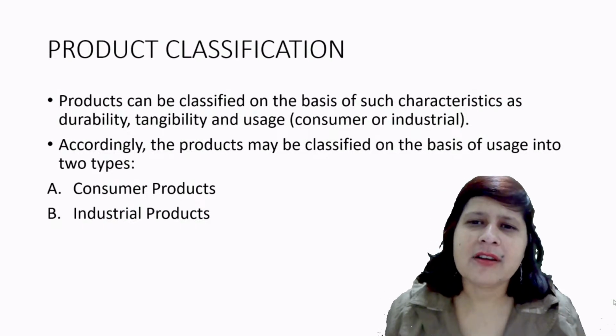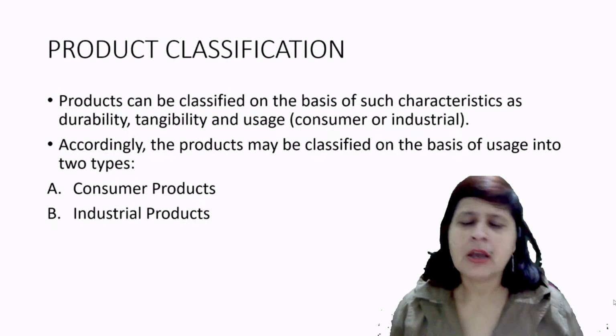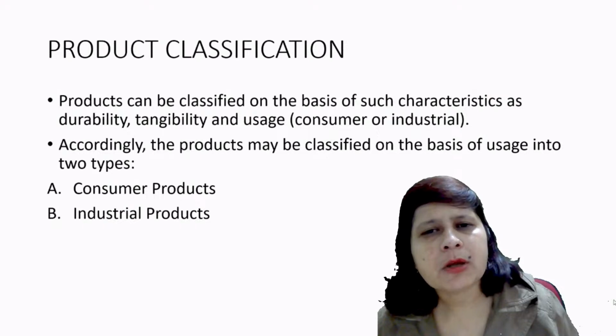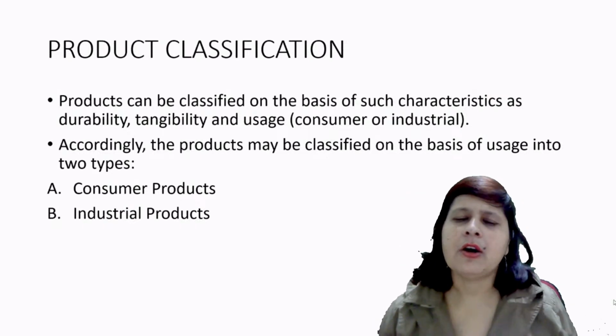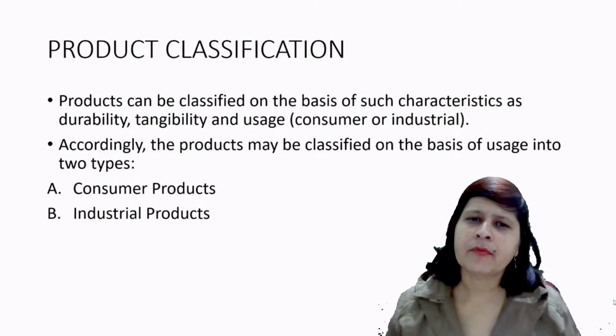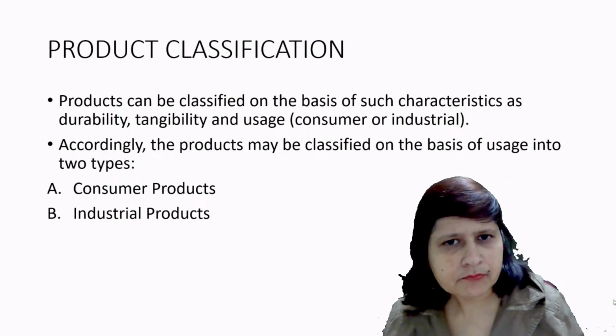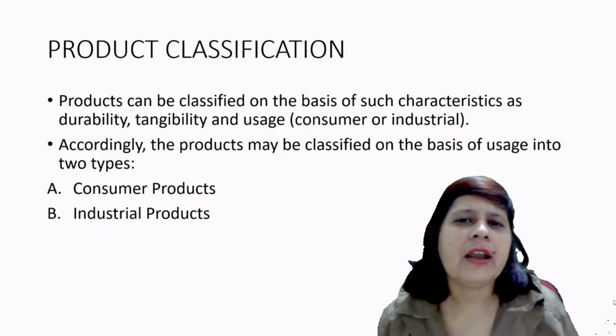We buy groceries for personal use. These are known as consumer products, right? Industrial product, suppose tires. The automobile industry purchases the tires to manufacture its vehicles, right? So these are the industrial products.